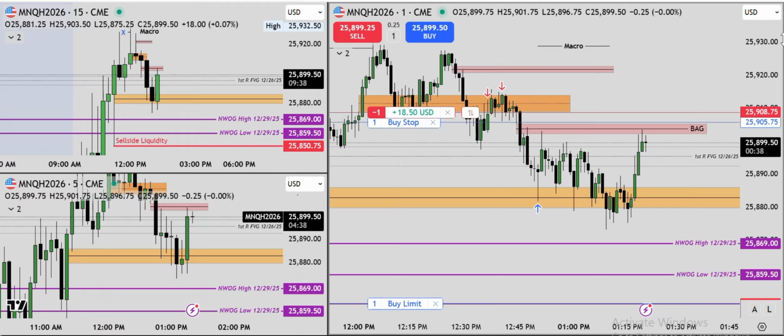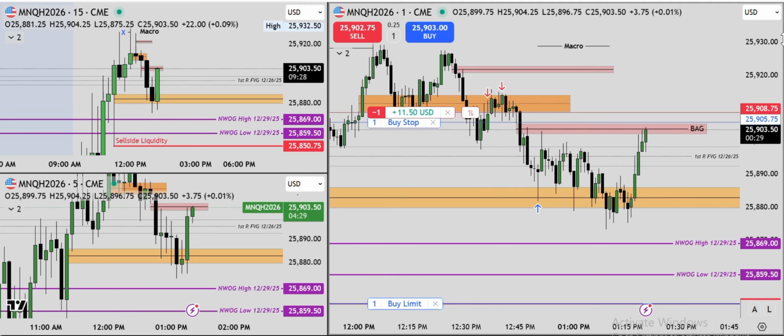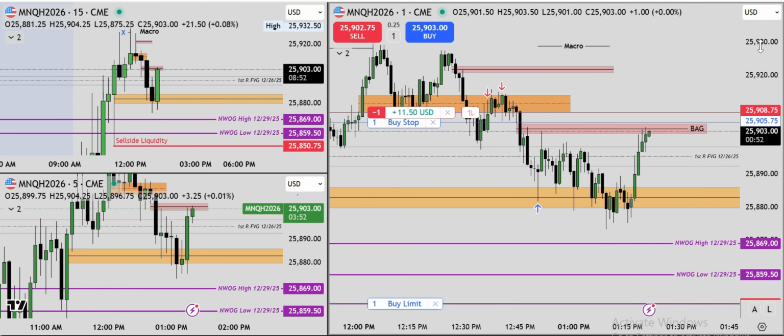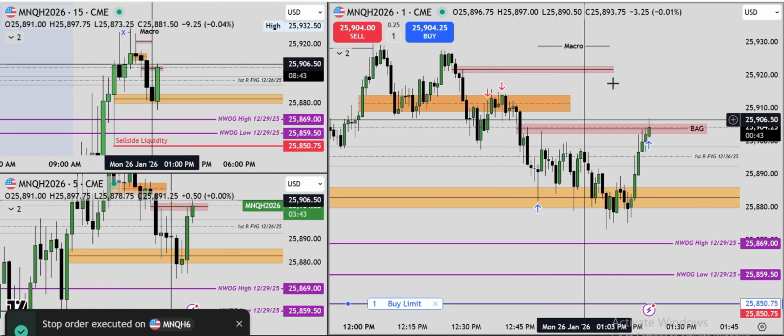At this point, I'm thinking if it doesn't break down now, then I'm for sure getting stopped. Reach into consequent encroachment of that breakaway gap. And boom, I'm stopped out.